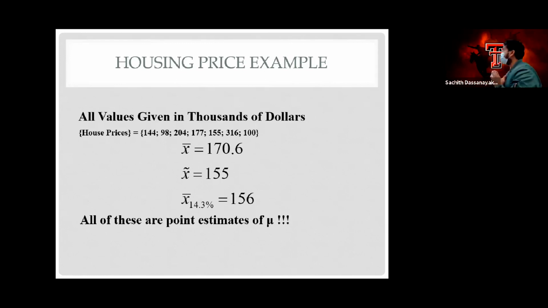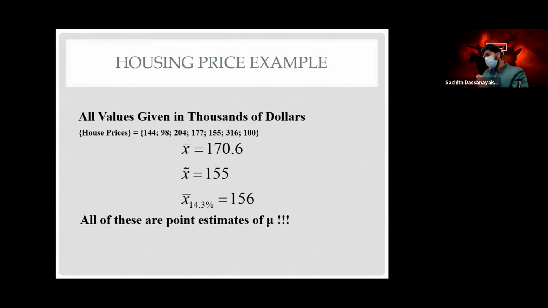Okay, what does that mean? If you consider x bar in this case, x bar equals mu. Why? We don't know about the population. We can simply consider these observations to be the population observations. So x bar equals mu.